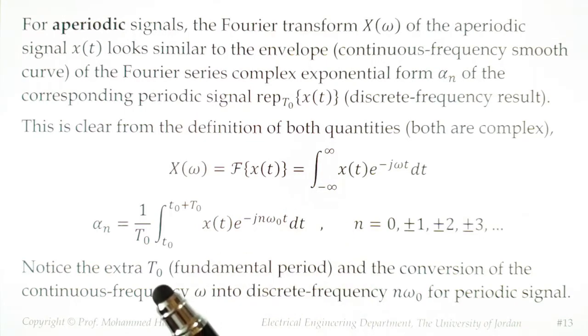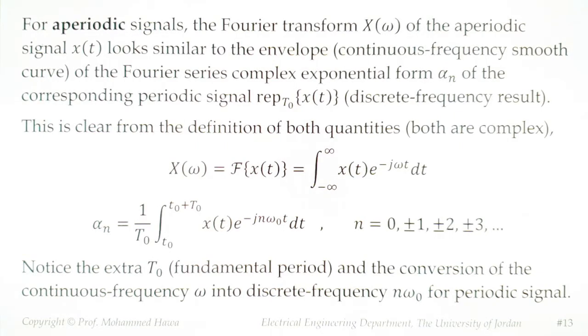Hence, those are the two differences you'll start noticing between Fourier transform and Fourier series. There is an extra T naught in periodic signals that you will not see in aperiodic signals. And also, instead of discrete frequencies n omega naught, you'll end up with continuous frequency omega and smooth curves for aperiodic signals. However, the results are quite similar.